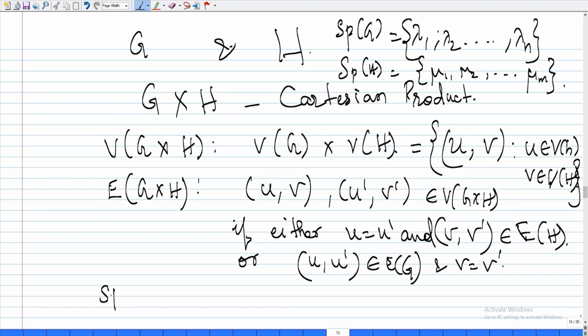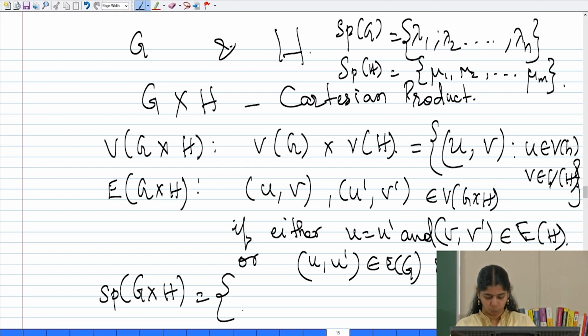Okay, I will tell you that. So, spectrum of G cross H is going to be nothing but, anybody? Any guesses? So obviously how many elements are going to be there? Vertex set contains how many elements here? M into n elements, right?